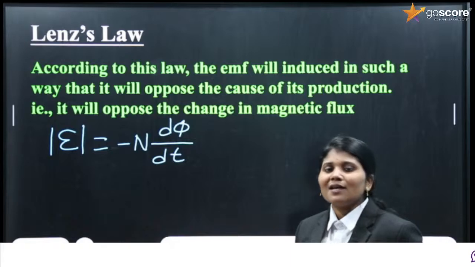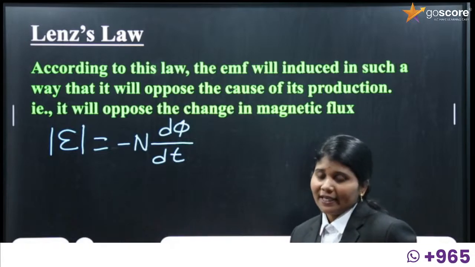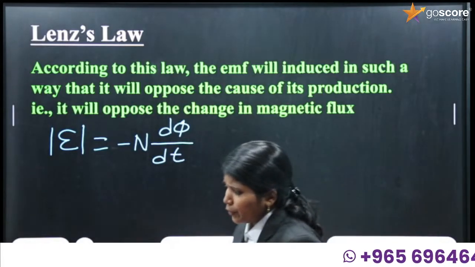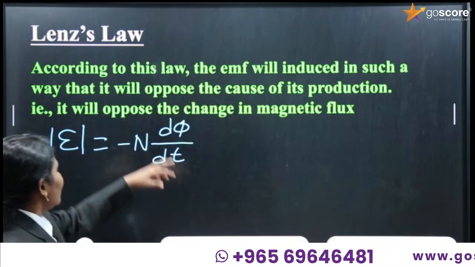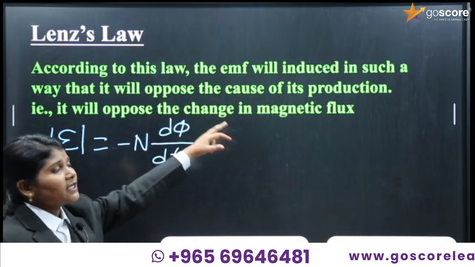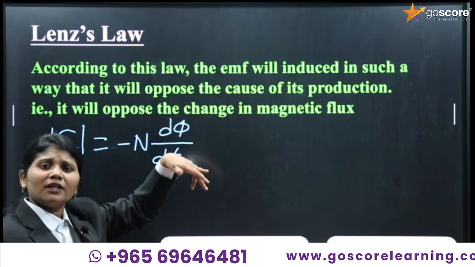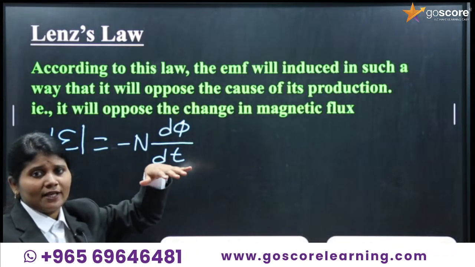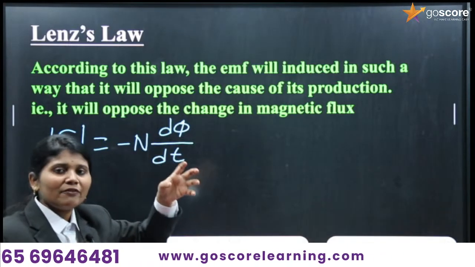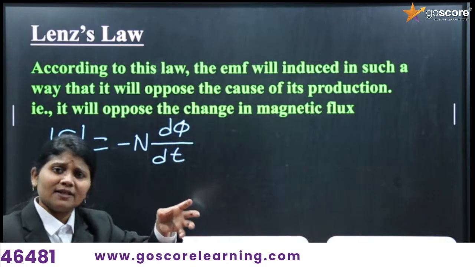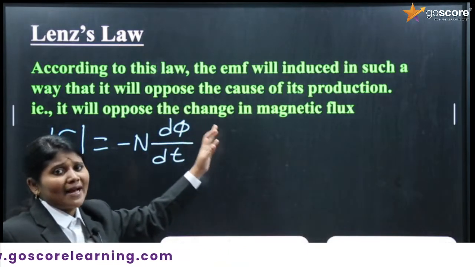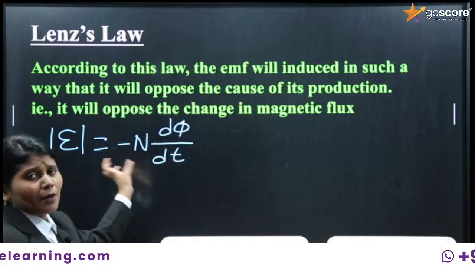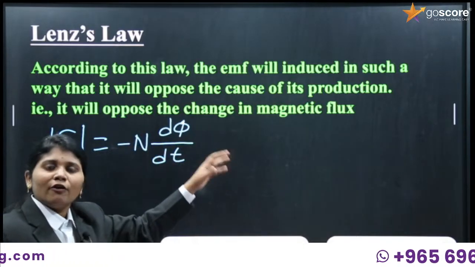The EMF produced by the change in flux will oppose the cause of its production. So this EMF is opposing the change in magnetic flux.